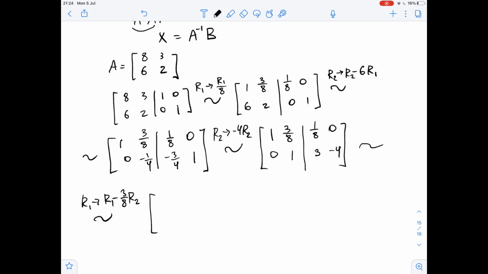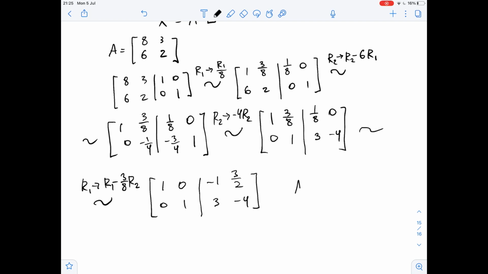And here we get 1, 0, negative 1, 3 over 2, and 0, 1, 3, negative 4. So here we get that A inverse equals [negative 1, 3 over 2; 3, negative 4].